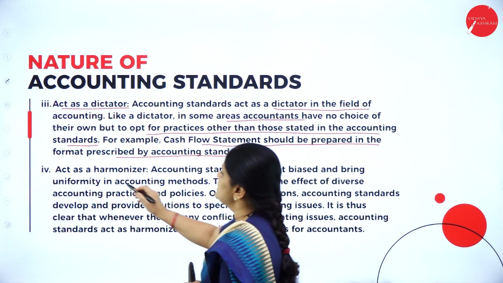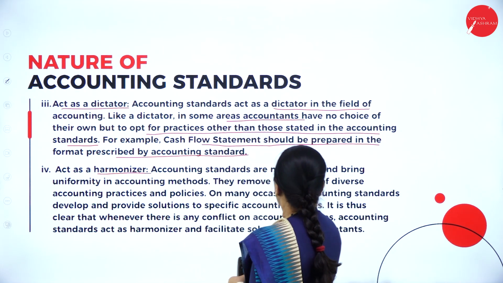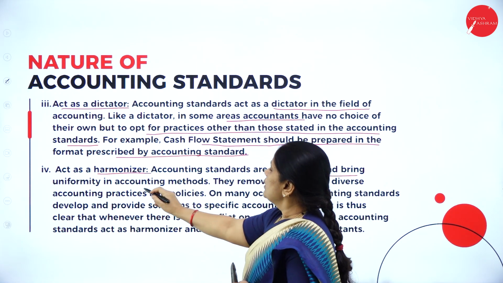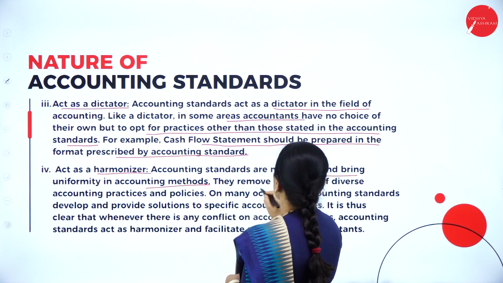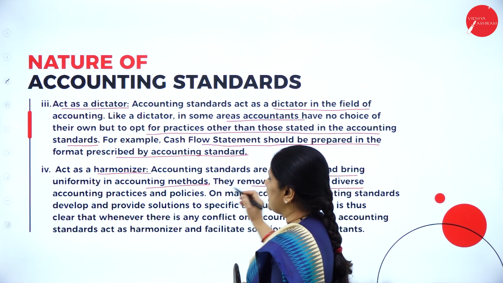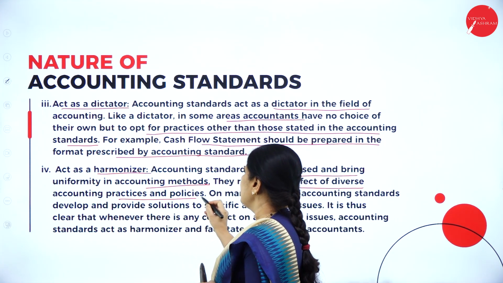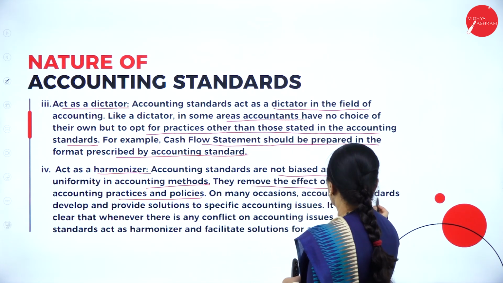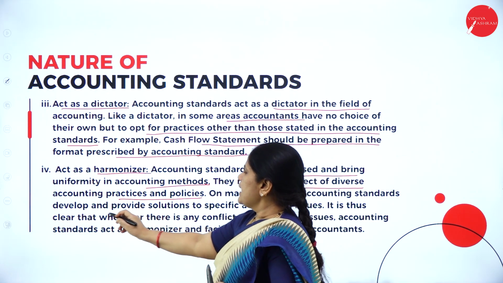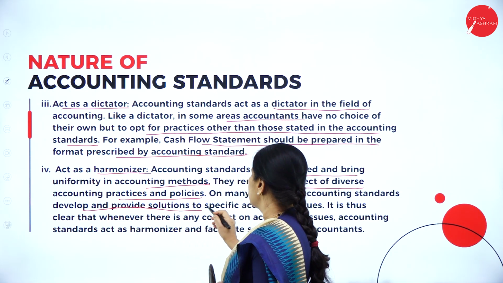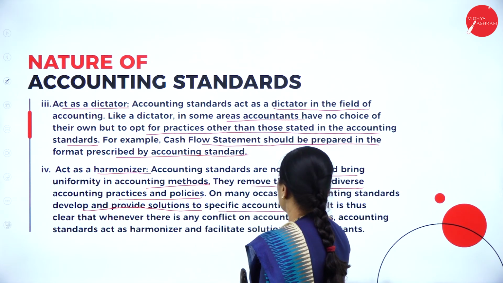Then, acts as a harmonizer. They are not biased and bring uniformity in accounting methods. They remove the effect of diverse accounting practices and policies. On many occasions, the accounting standards develop and provide solutions to specific accounting issues.